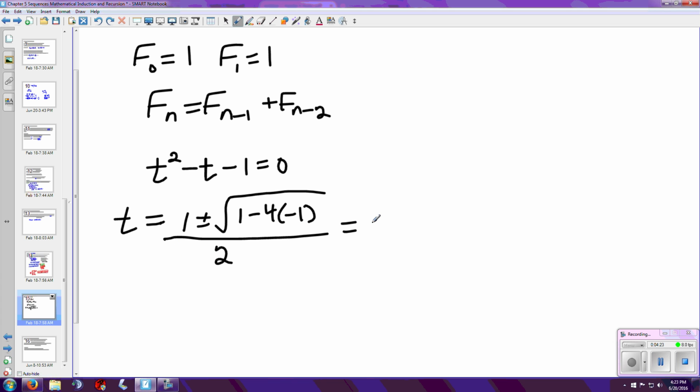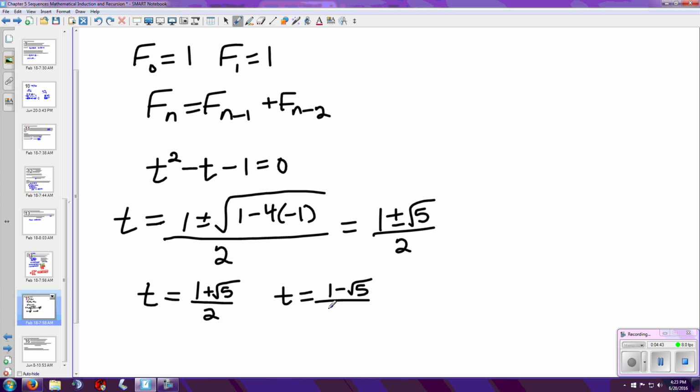So t equals 1 plus or minus the square root of 5 over 2. Now, what does this tell us? Our roots are distinct, and we know that t is either equal to 1 plus the square root of 5 over 2, or t equals 1 minus the square root of 5 over 2.